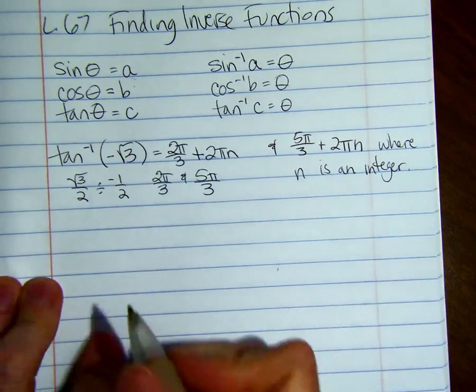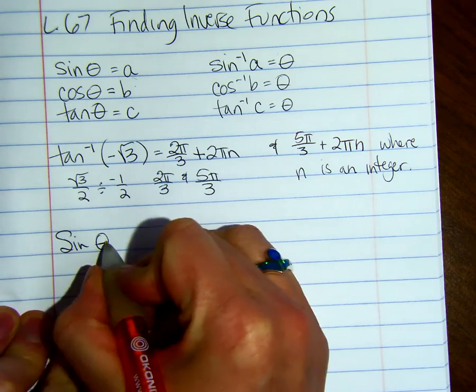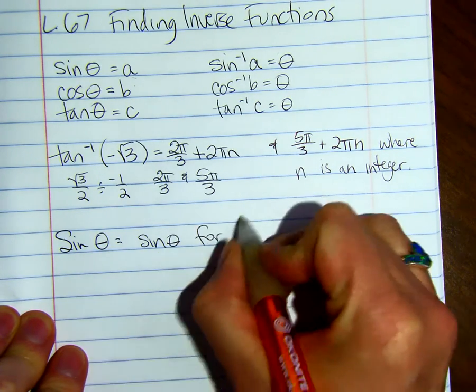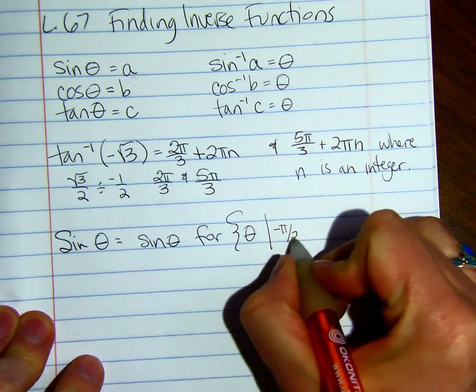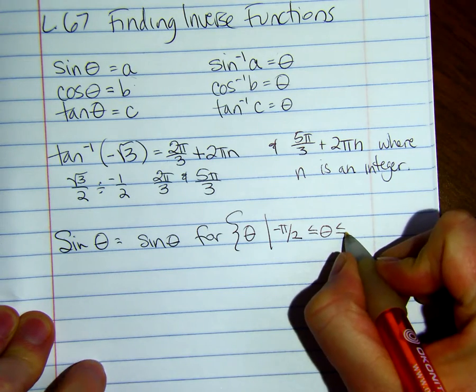So if you had capital sine of theta, that equals sine of theta for as long as that angle is between negative pi halves and pi halves.